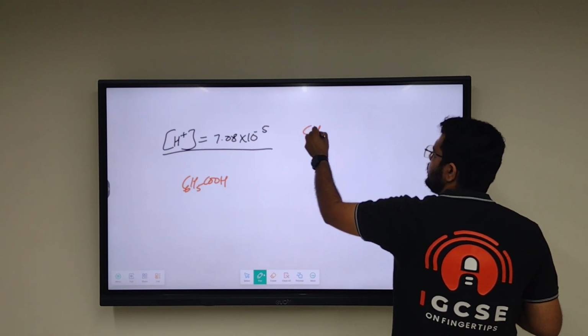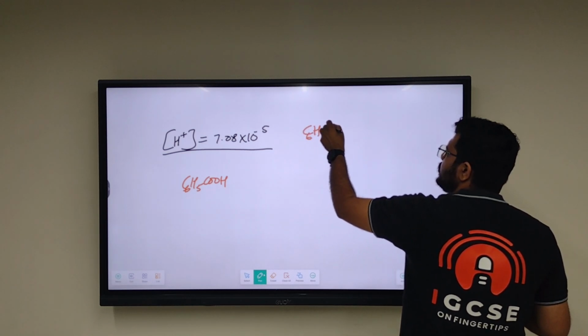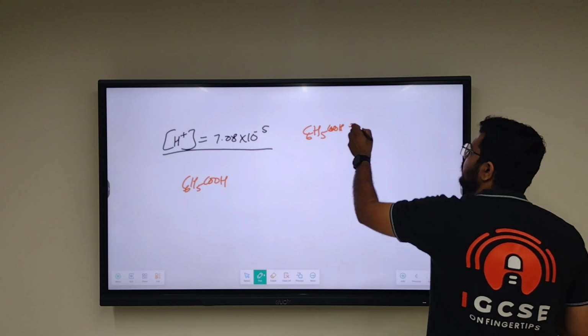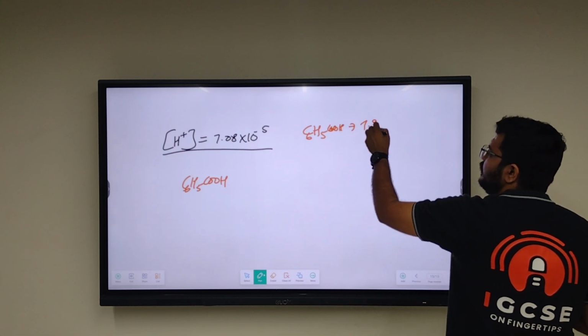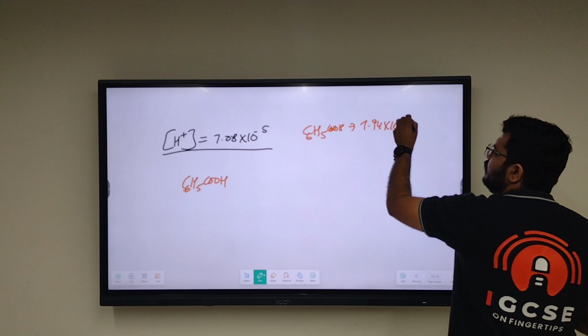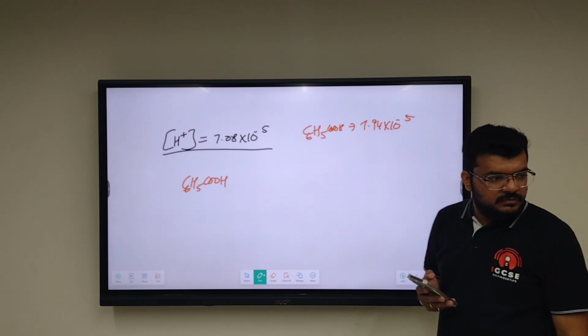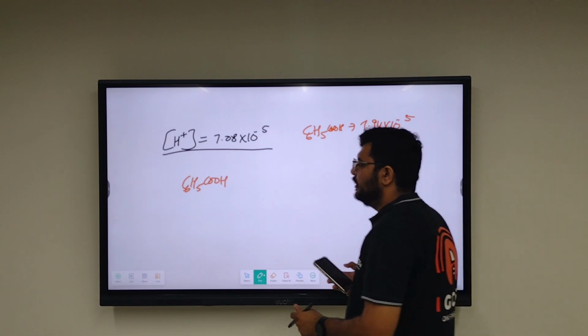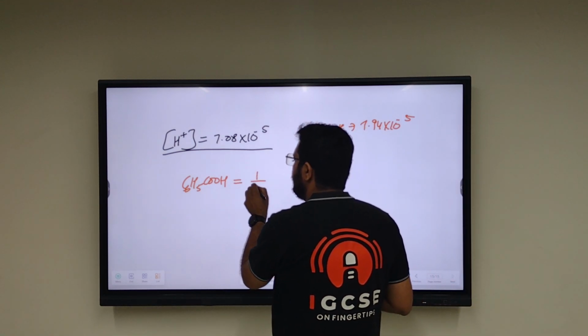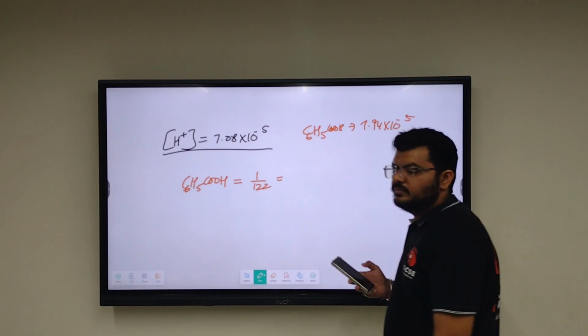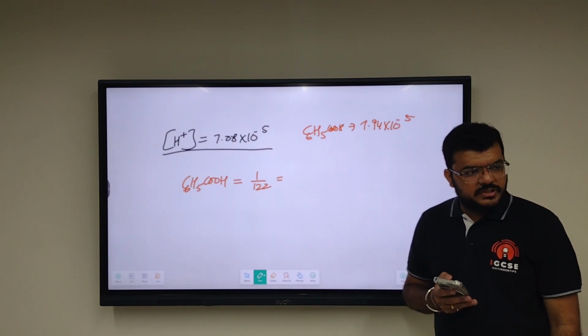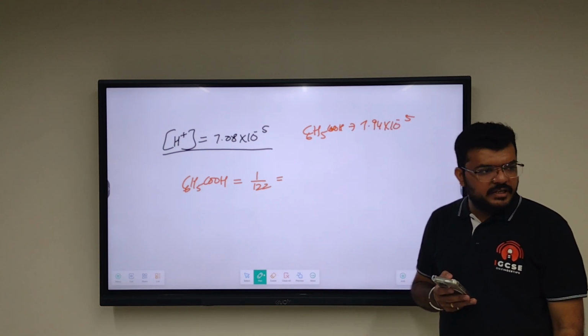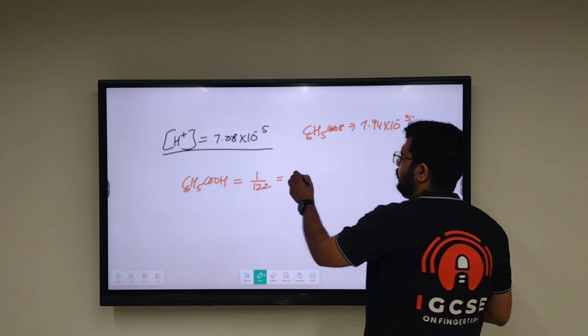So C6H5COOH should have been 7.94 into 10 power minus 5. We square 10 raised to minus 4.15 upon 6.31 into 10 power minus 5, and it comes from that. Now tell me what answer this 1/22 gives. Because this is 22 1/2, that means 8.2 into 10 power minus 3.